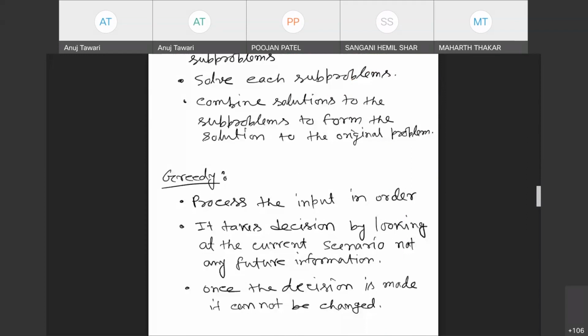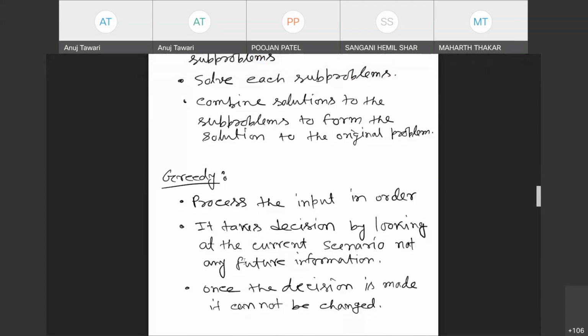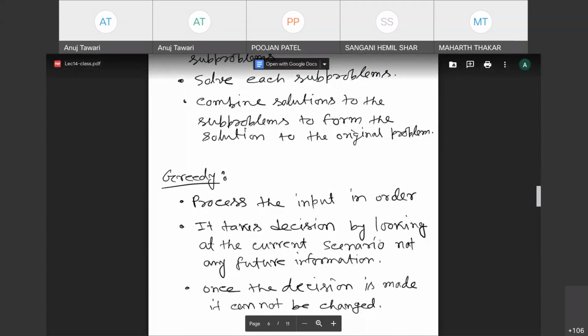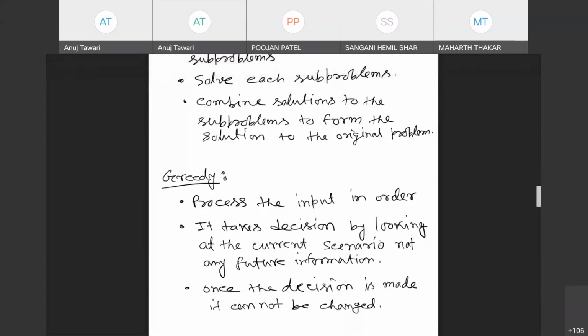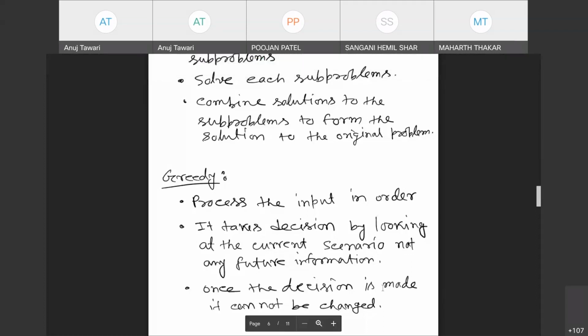What greedy does is it makes the locally best choice, and we hope that by making a sequence of these locally best choices, we will get a globally optimal solution. And once we have made these decisions, we don't go back and change them again and again. So it works only for a specific kind of problems: shortest path, minimum spanning tree, and certain scheduling problems.